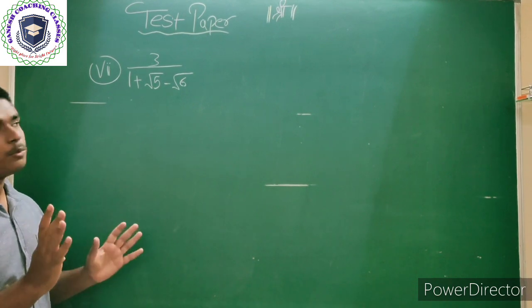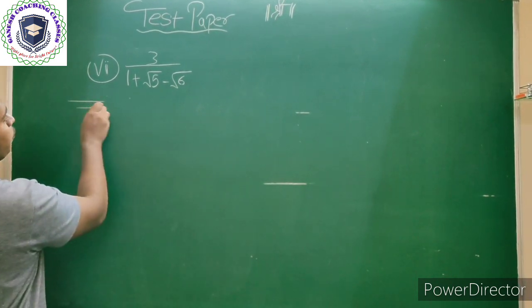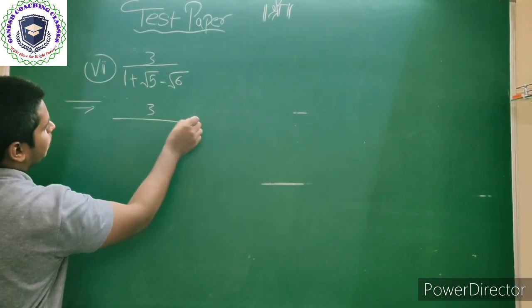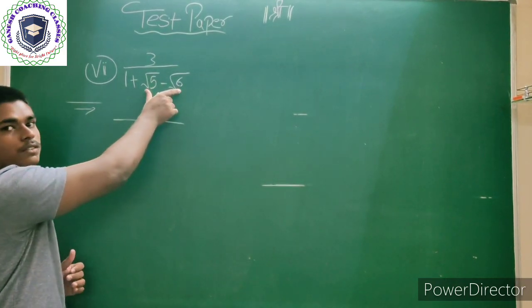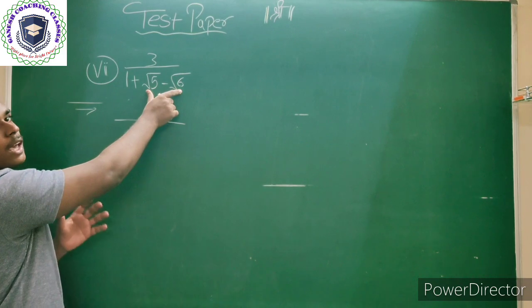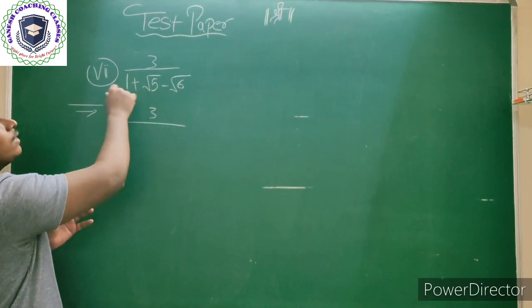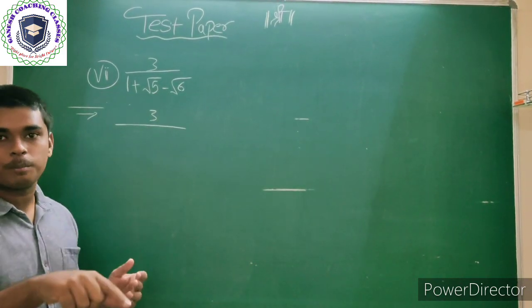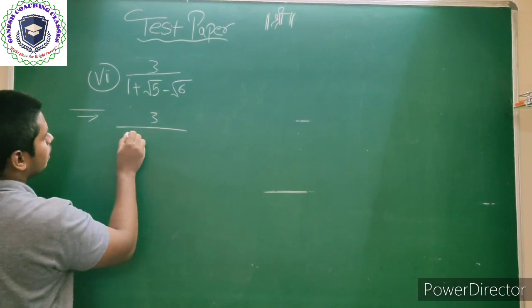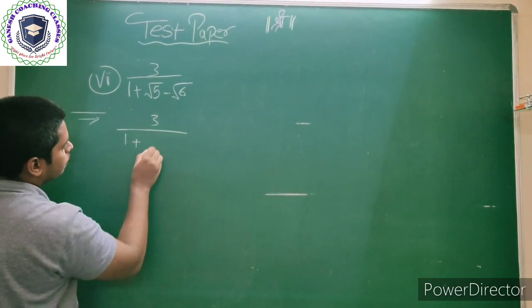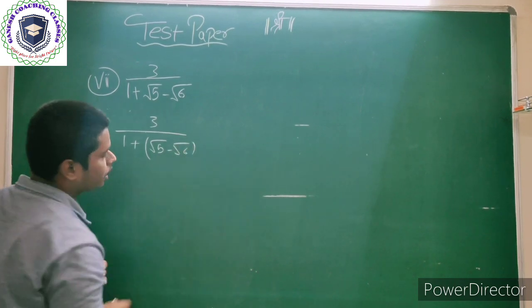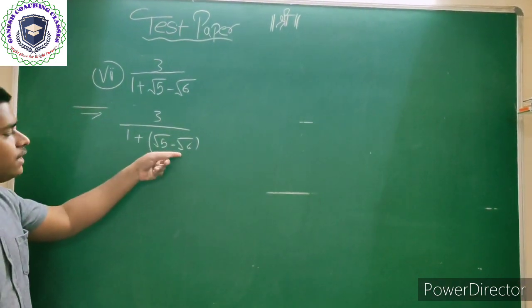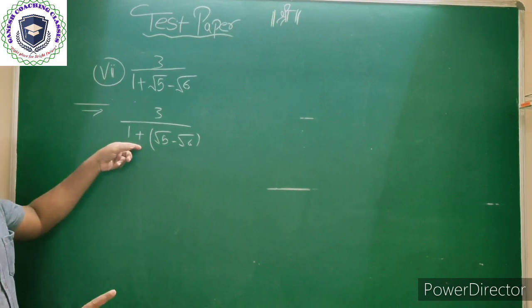So we have to solve this type of question by this method: we have to take these two surds as one pair and the other number as one pair. So here we are getting 1 plus root 5 minus root 6. Now we have to assume that this is one number and this is one number.